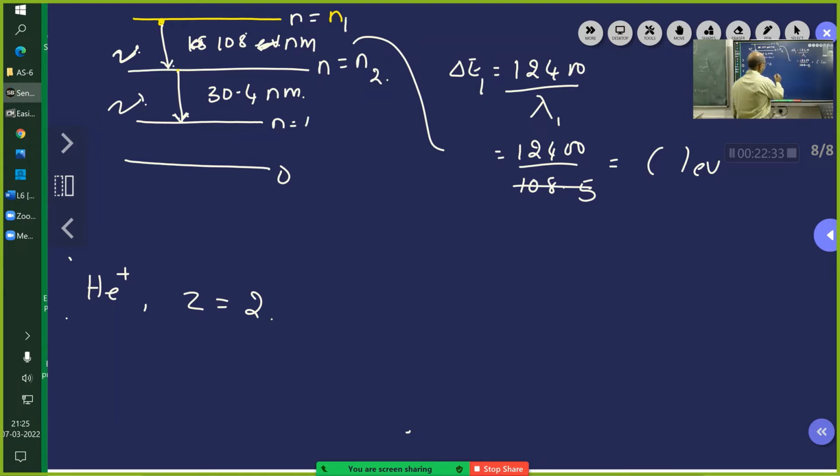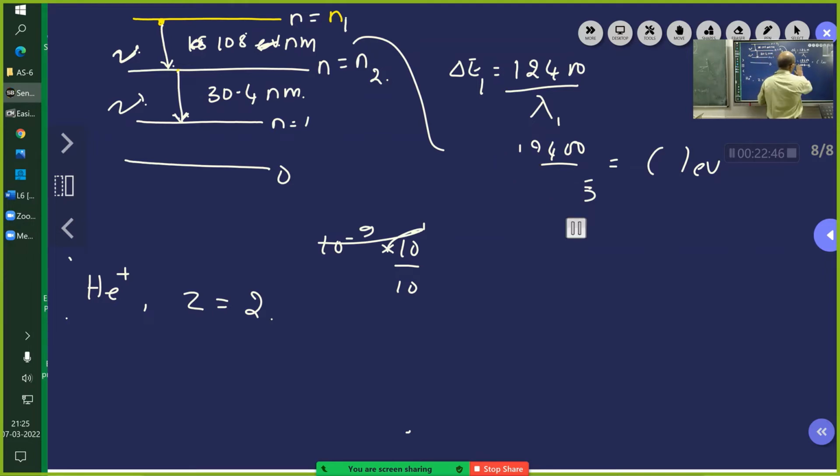Good. Nanometer is 10 to the power of minus 9, so multiply and divide by 10 to the power of minus 1 and it will become angstrom: 1085 angstrom. Nanometer is converted to angstrom, and if you divide 12400 by this, you will get the value in electron volts. Got it?